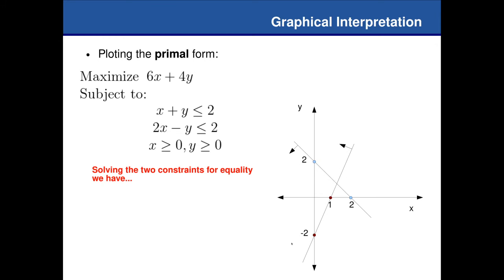So I need to satisfy this second constraint, this first constraint, x greater than or equal to 0 and y greater than or equal to 0. Where is the region that satisfies all constraints? It's exactly this region. What happens if one of the constraints cannot be satisfied?